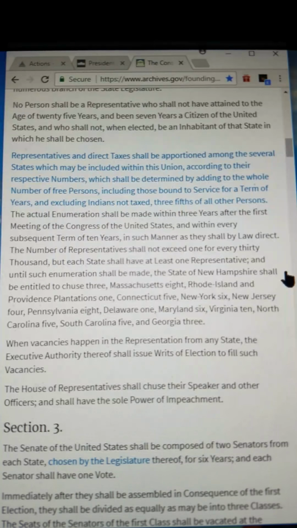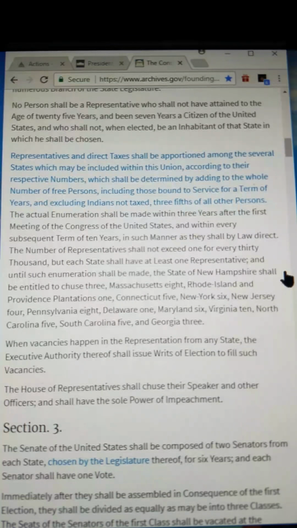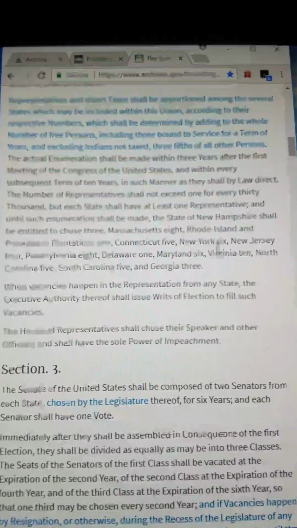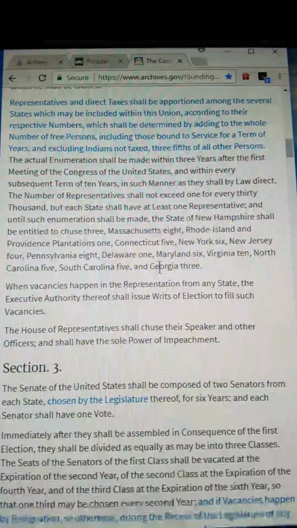The number of representatives shall not exceed 1 for every 30,000, but each state shall have at least 1 representative, and until such enumeration shall be made, the states of New Hampshire shall be entitled to choose 3, Massachusetts 8, Rhode Island and Providence Plantations 1, Connecticut 5, New York 6, New Jersey 4, Pennsylvania 8, Delaware 1, Maryland 6, Virginia 10, North Carolina 5, South Carolina 5, and Georgia 3.